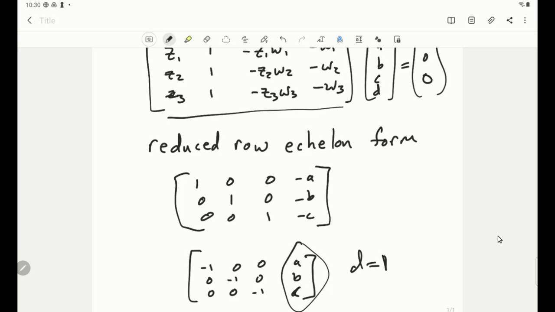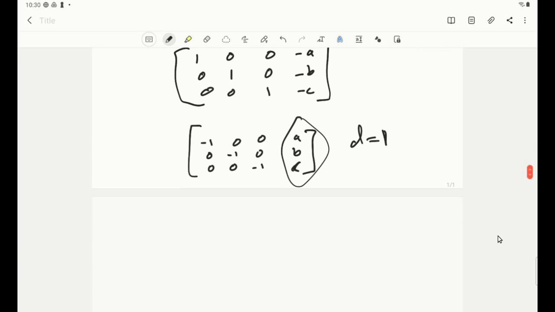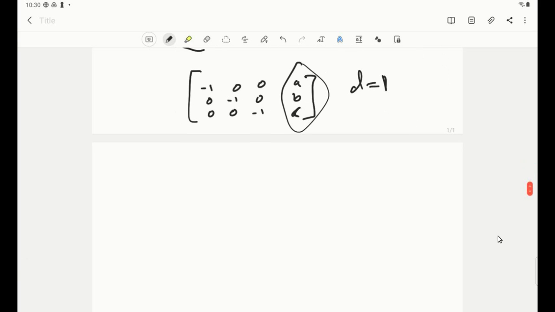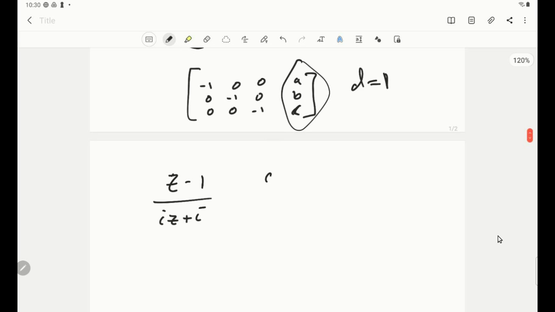So let's take a look at this one that we know so well, I guess, at this point. If we have z minus 1 over I z plus I, well, in this case, this takes 0 to I, 1 to 0, and I to 1.